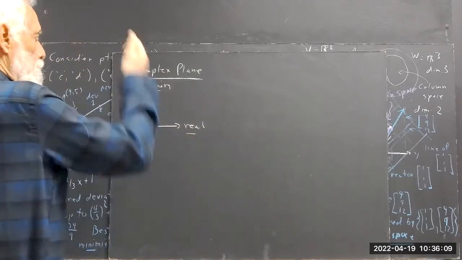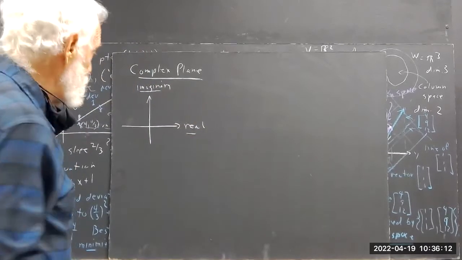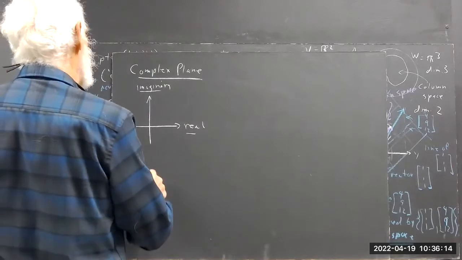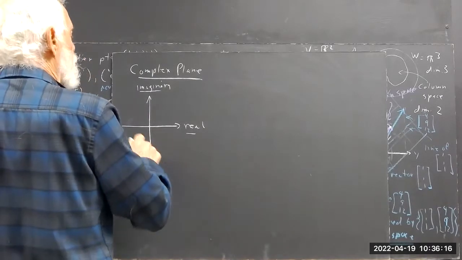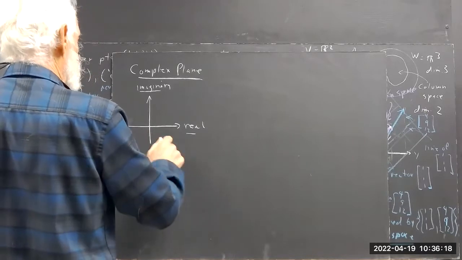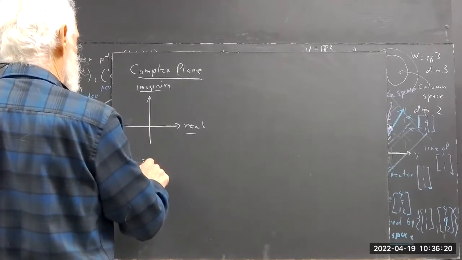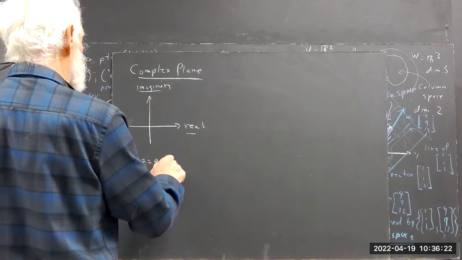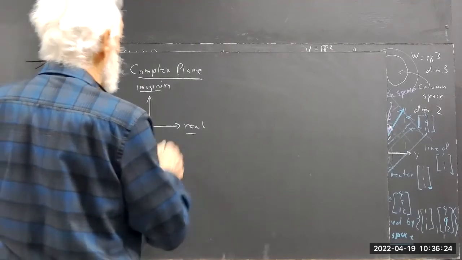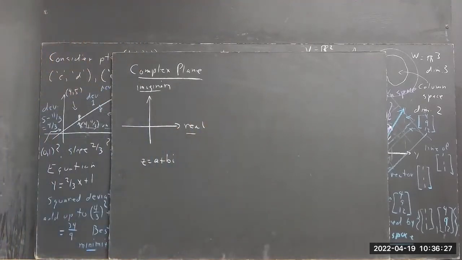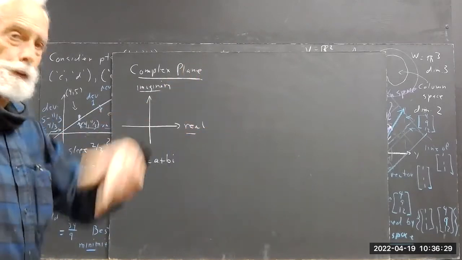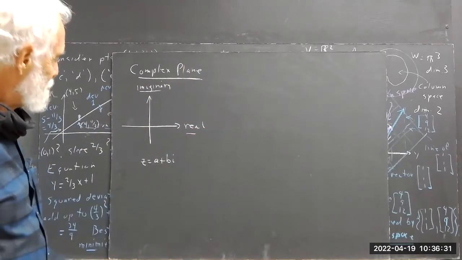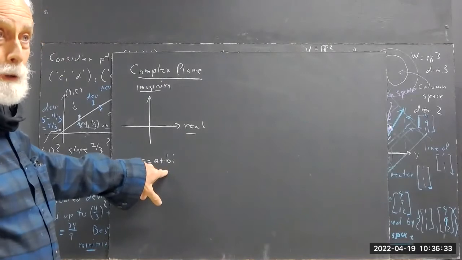You've got a real axis and an imaginary axis. So the complex number, using A and B again, that's standard notation. I haven't even looked to see what your text tells you, but I think A and B are pretty standard.